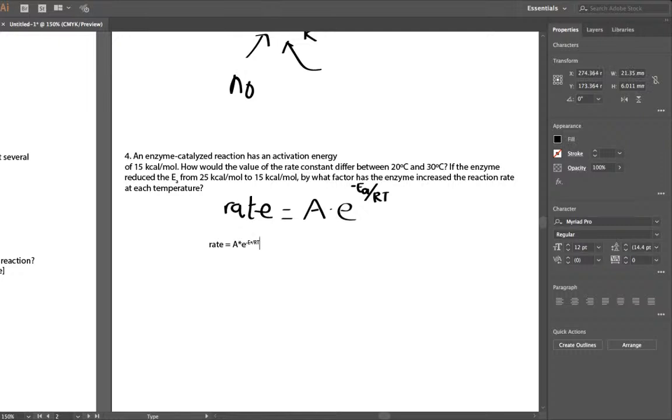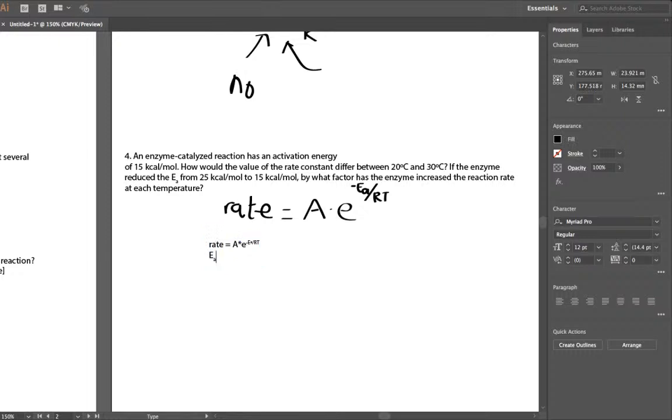Okay, the first thing we need is, from our information, we have already found what EA is, the activation energy. Let me enter this.